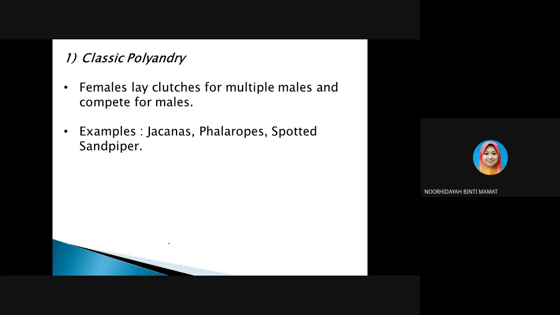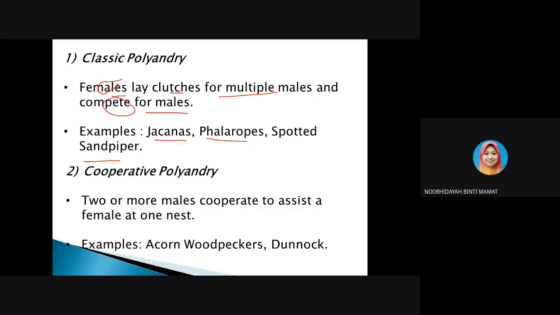The first form of polyandry is classic polyandry, where the female may lay clutches for multiple males and compete for the males, for example in the jacanas, phalaropes, and spotted sandpipers.